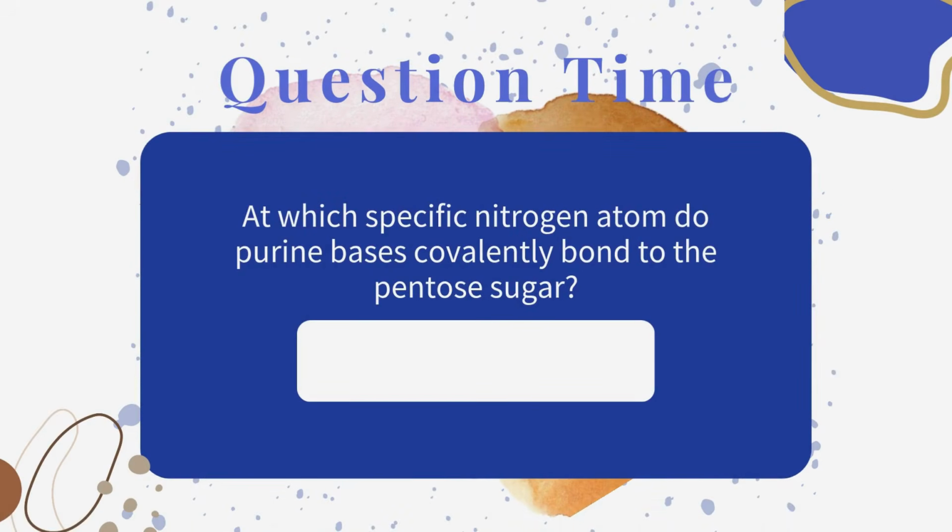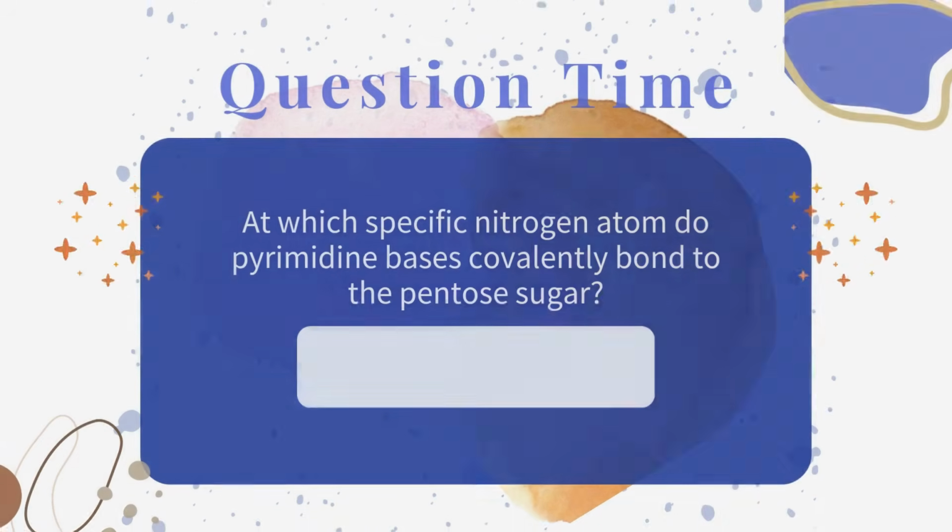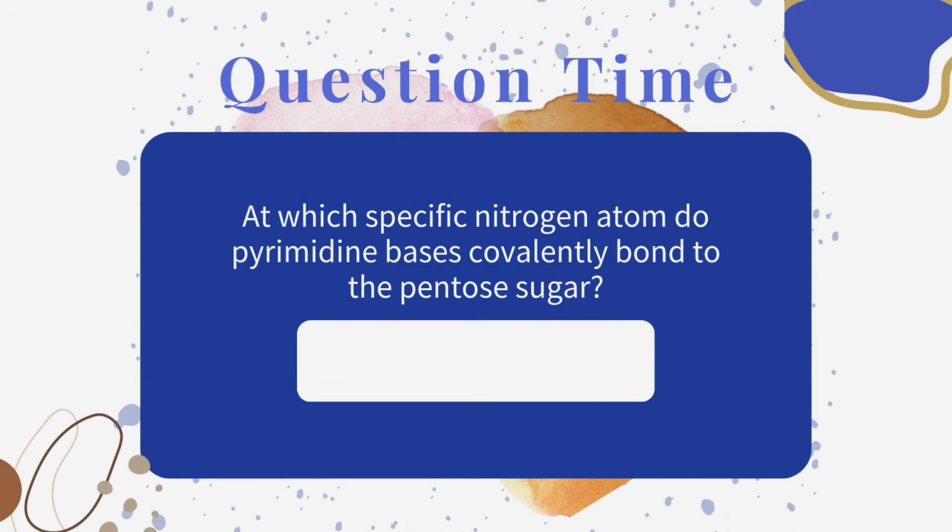At which specific nitrogen atom do purine bases covalently bond to the pentose sugar? N9. At which specific nitrogen atom do pyrimidine bases covalently bond to the pentose sugar? N1.